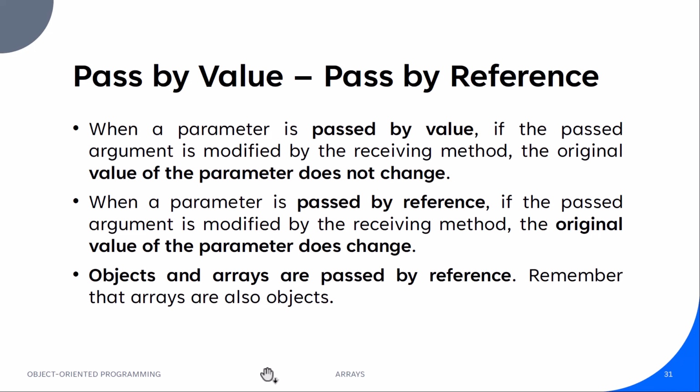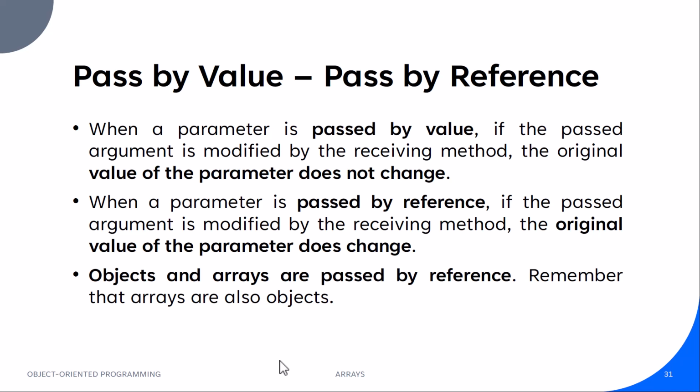When a parameter is passed by reference, if the passed argument is modified by the receiving method, the original value of the parameter does change. Objects and arrays are passed by reference in Java, and remember that arrays are also objects in Java.